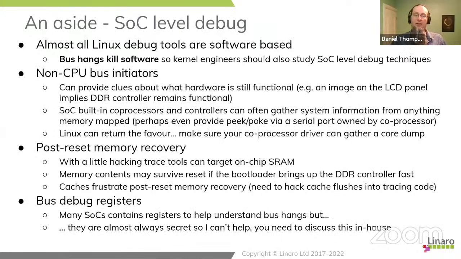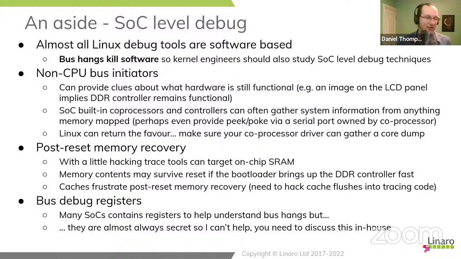If you don't have a JTAG debugger, we can start using other parts of the system to reason about what might be happening. So with the exception of the JTAG debugger, almost all Linux debug tools are software based. Even with the JTAG debugger, it has to access memory. Most of that has to access the L1 and L2 caches to discover information about the system.